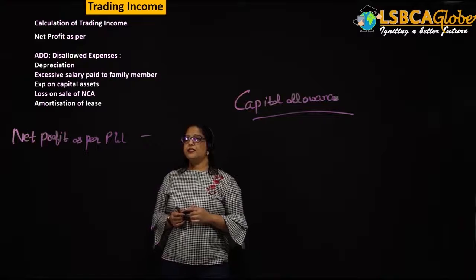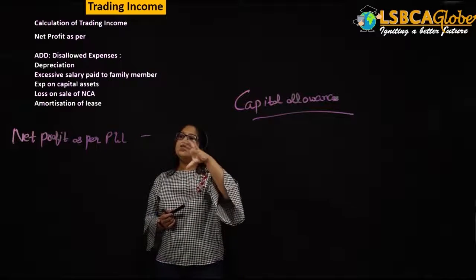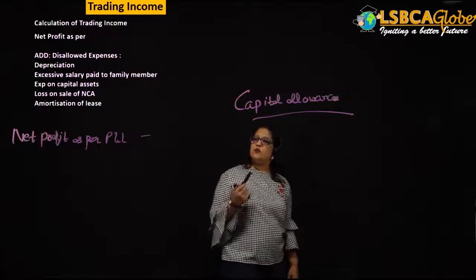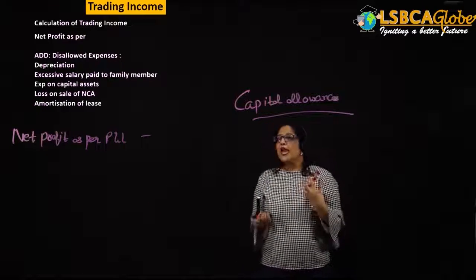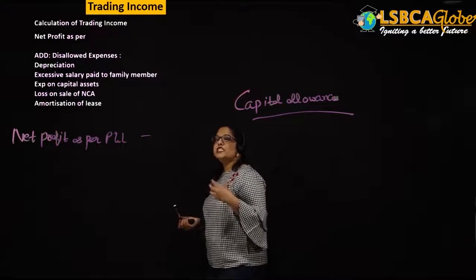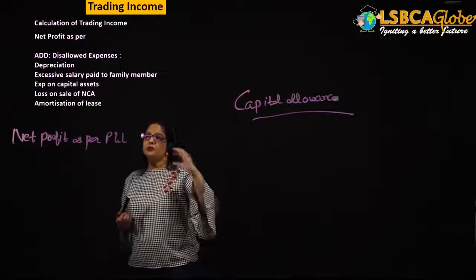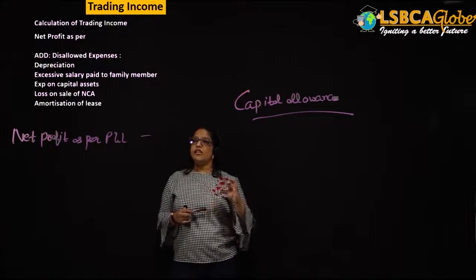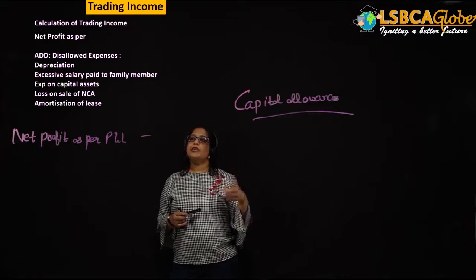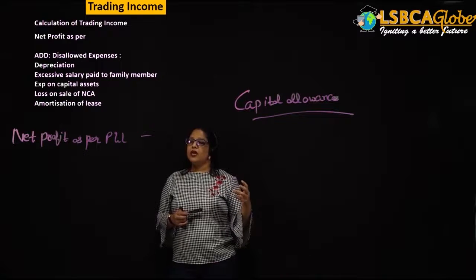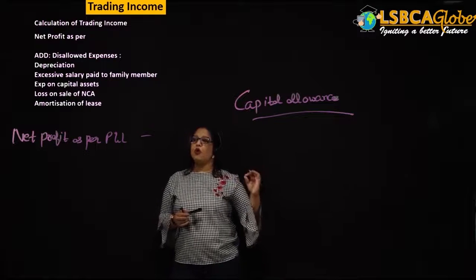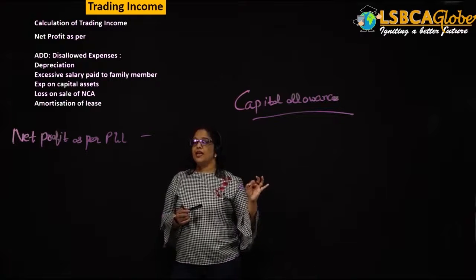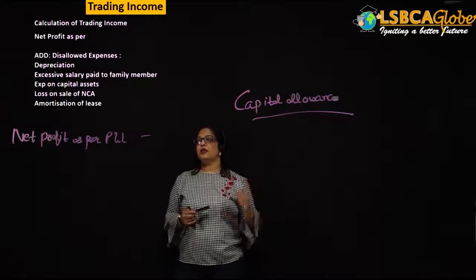Expenditure on capital assets. Now class, you know, it's a trading income format. You will take only those expenses which are revenue in nature. So if any expenditure is capital in nature, just add it back. For example, expenditure on capital assets: if it is an expenditure on a capital asset, just add it back, because it is capital in nature. It is not deductible as an expense in trading income.